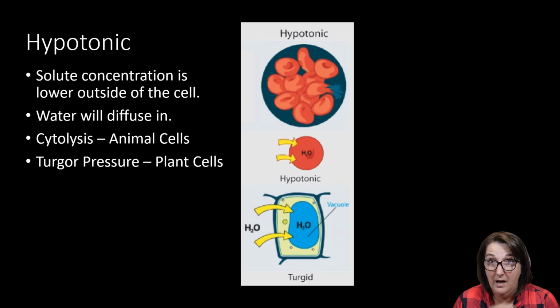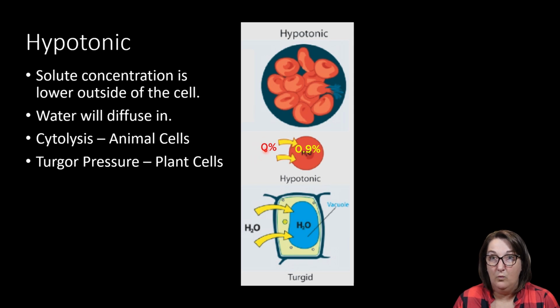So now let's look at the opposite. Now the solute concentration is lower outside of the cell, and water is going to diffuse in. So again, this is 0.9%. That's what a cell wants to be. But let's say the outside of my cell is 0. Let's say I have no salt in it whatsoever. Let's say this is distilled water.